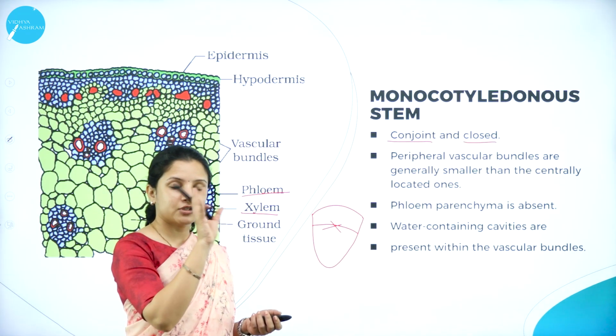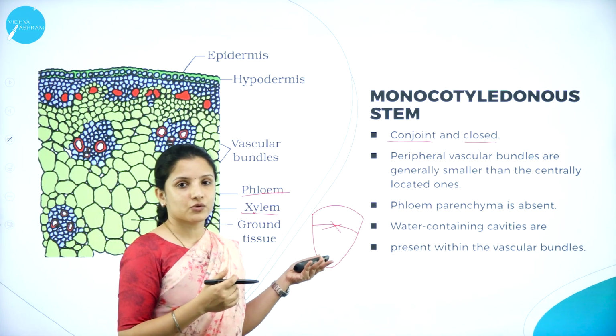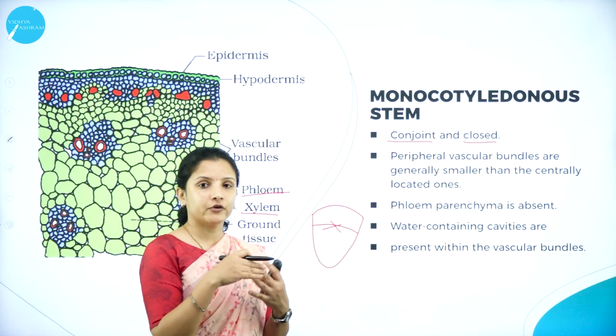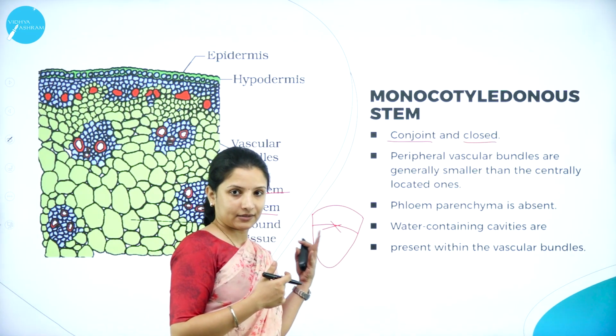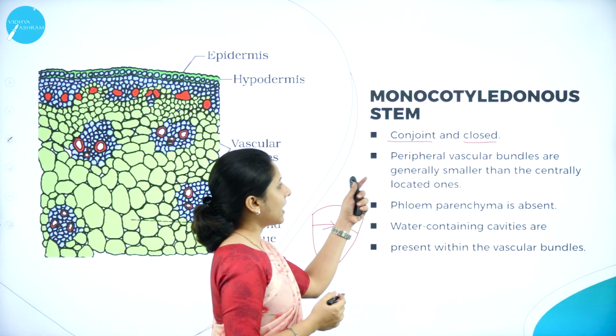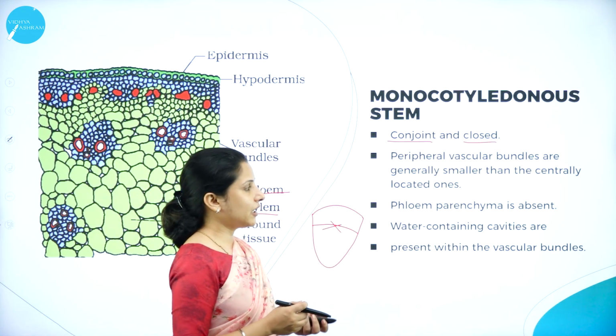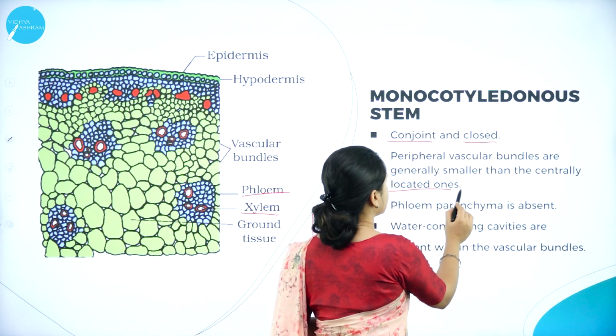The xylem is situated within the phloem cells itself. There is no distinguishing or separate layer for the xylem and a separate layer for the phloem, unlike the dicotyledonous stem. So therefore it is conjoined and closed, and the peripheral vascular bundles are usually smaller and the centrally located ones are larger.